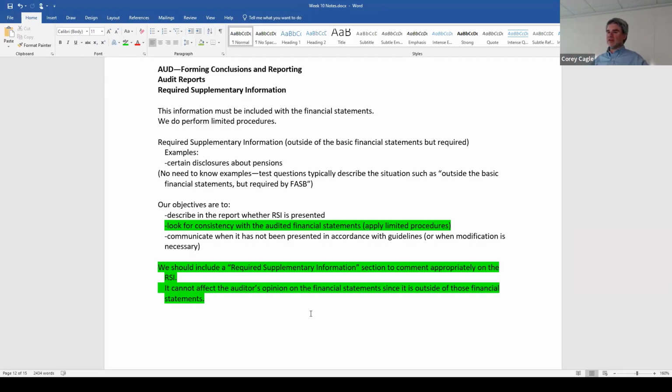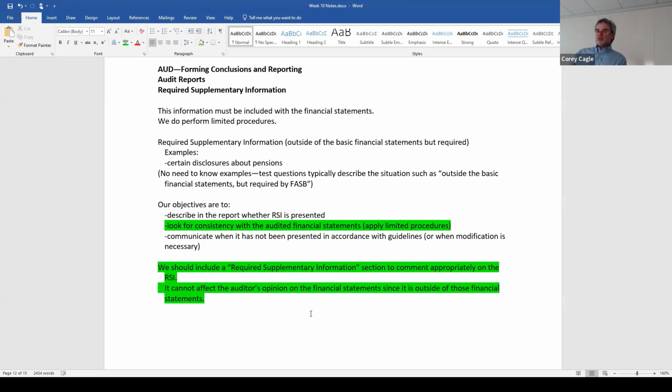Test questions typically describe the situation as outside of the basic financial statements, but required by FASB. But an example would be certain disclosures about pensions might have to be made. Yeah, don't get hung up on examples. Just look for a description of not part of the financial statements, but required supplementary information, right?